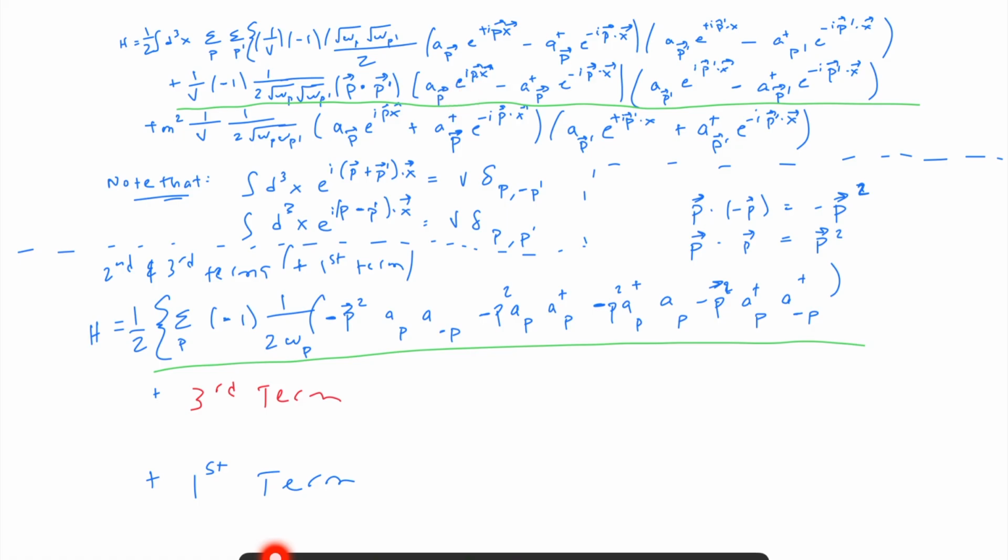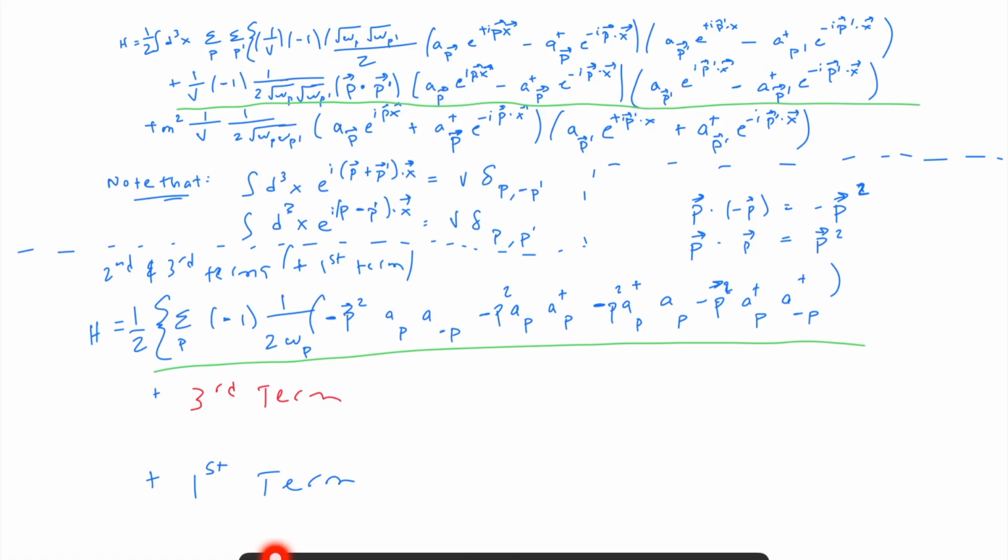Then you'll have e to the i p x and e to the i p prime x. If you combine those, you get e to the i (p plus p prime) x. And then if you take this original integral over d third x and apply it to this, you're going to use this relationship over here, the integral of d third x of e to the i (p plus p prime) x, and you get v times this delta function of p minus p prime.